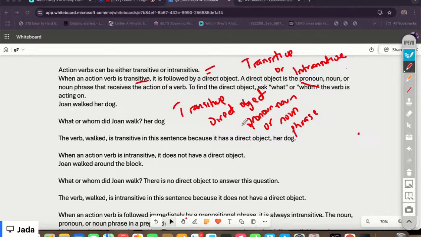So when an action verb is transitive, it is followed by a direct object. A direct object is the pronoun, noun, or noun phrase that receives the action.